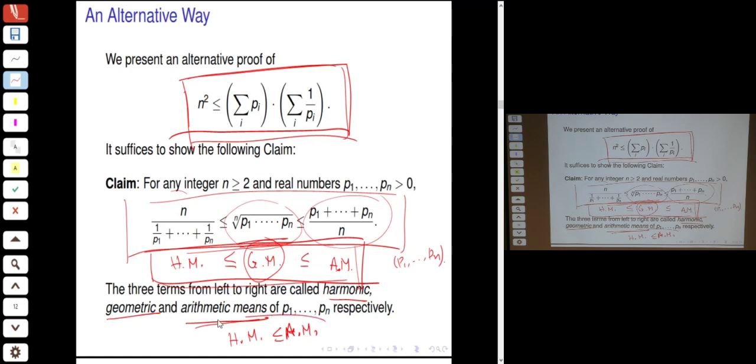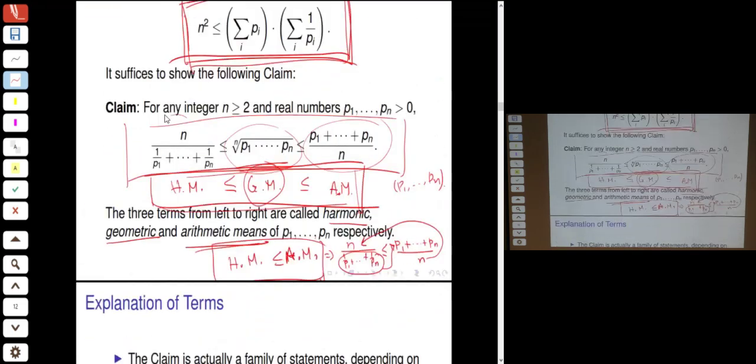But HM is n over 1 by p1 plus up to 1 by pn, and AM is p1 plus up to pn by n. So you cross multiply and take the n here and take the summation 1 over p_i there. So that already gives you this inequality. So that's why these two are related.